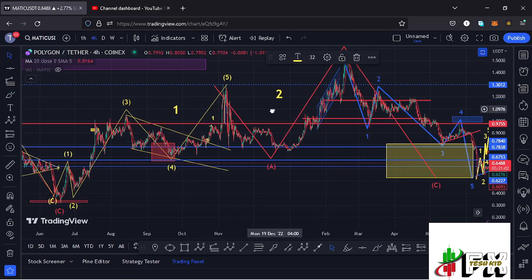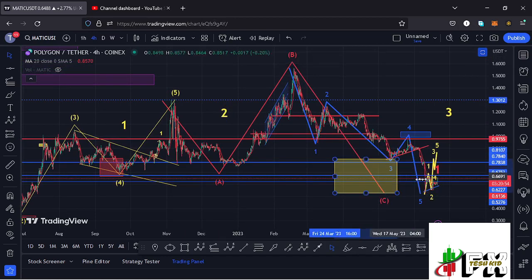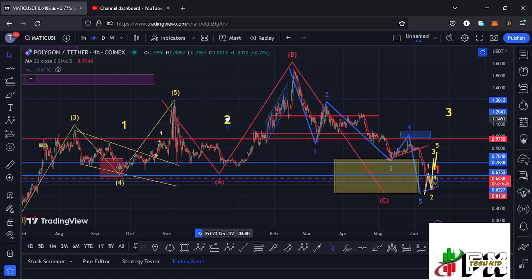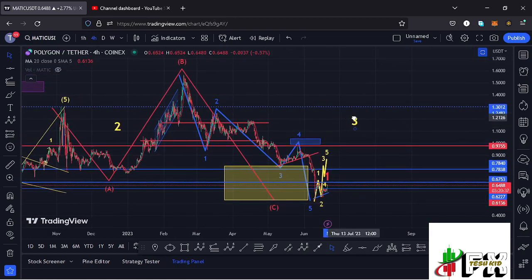Then we started breaking down in the formation of a larger Elliott wave count 2, where we have now fully maximized the minimum target areas highlighted on the charts using this yellow target area. And since we have fully maximized our yellow target area and completed the formation of this wave 2, whatever we expect next is the start of an impulse in the formation of a larger Elliott wave count 3.